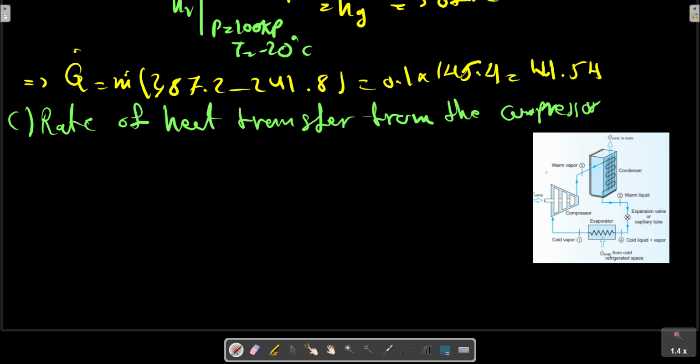We have W dot for the compressor, which is 5 kilowatts, and the compressor is between state 1 and state 2, where it is vapor. State 1 was obtained as H1, calculated above.